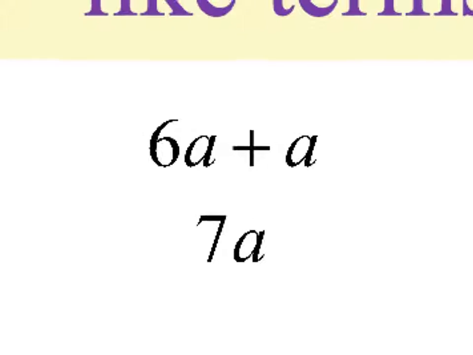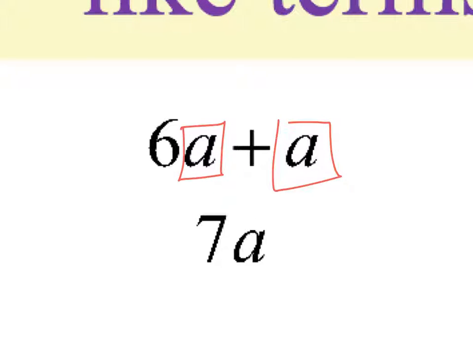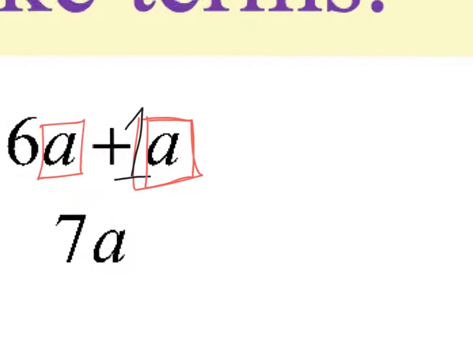And then over here, again, we have the same variables. So 6, and like we said before, if there's no coefficient in front of it, we treat it as though there is a 1 in front of it. So let me rewrite that little box right in front of it. So we have a 6a and a 1a, and combined that's going to give us 7a.